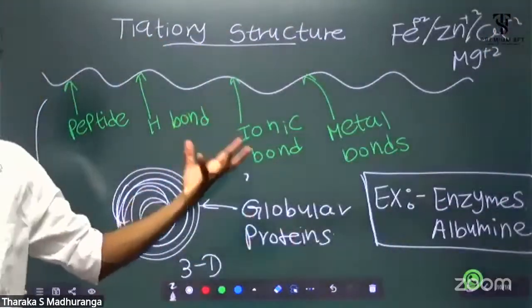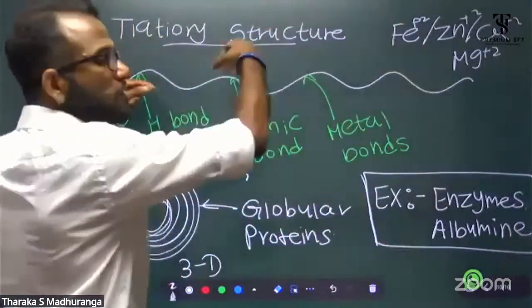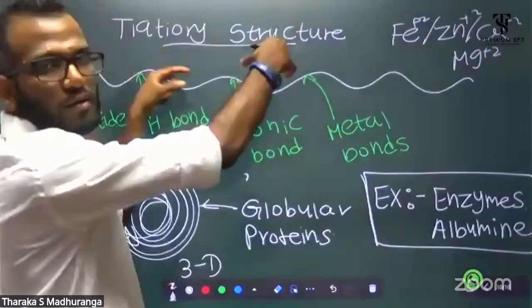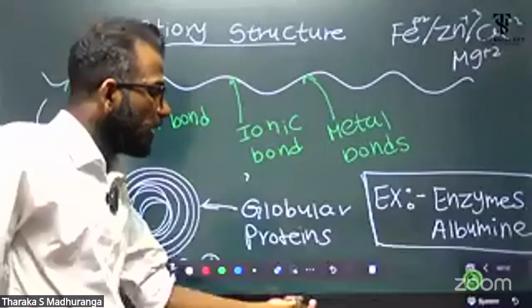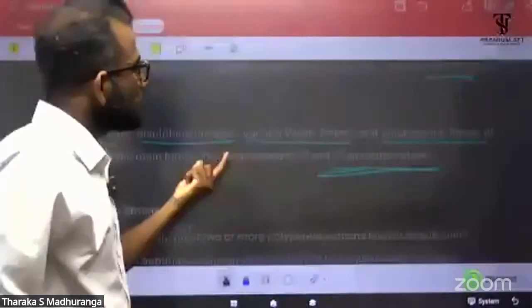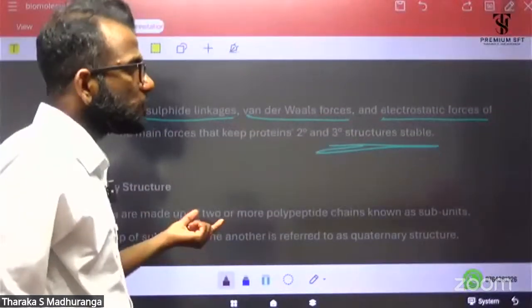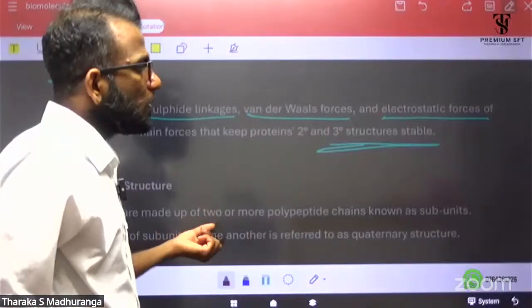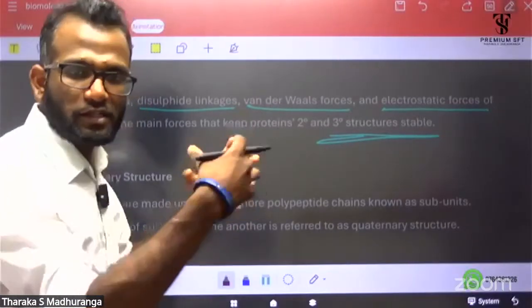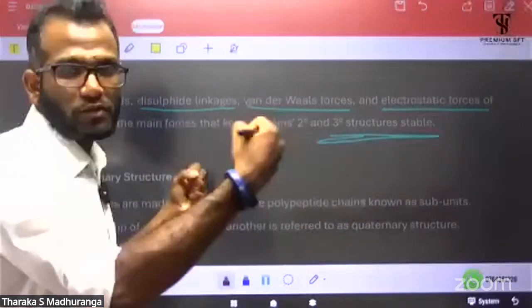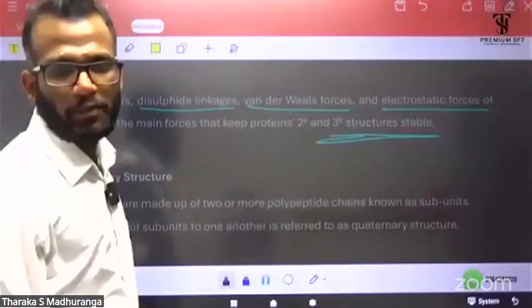Okay, these metal ions also combine through this bonding, linkage, Van der Waals forces, and electrostatic forces. Okay, they are attractions. Due to that, metal ions are also involved in this polypeptide chain.